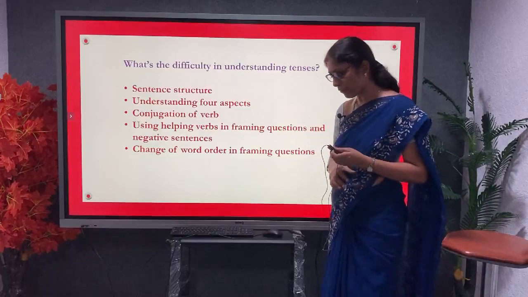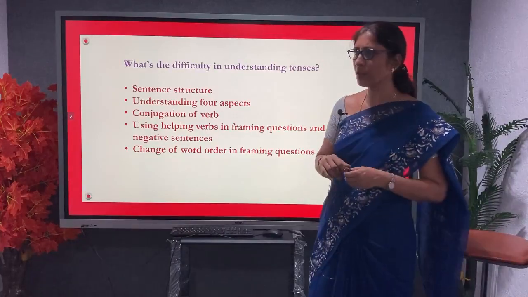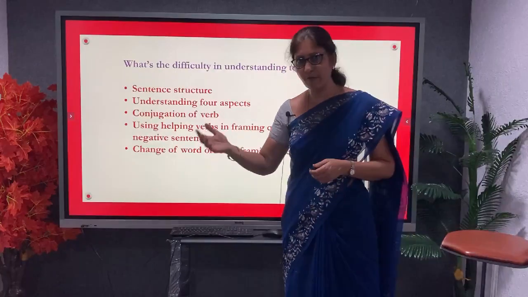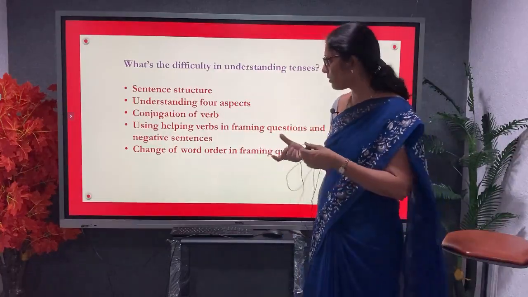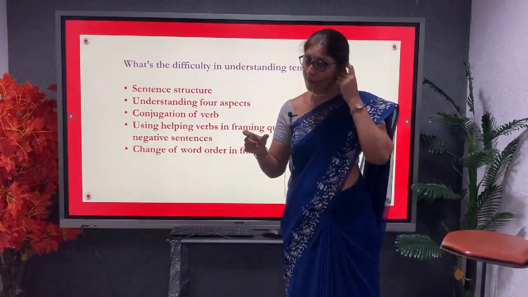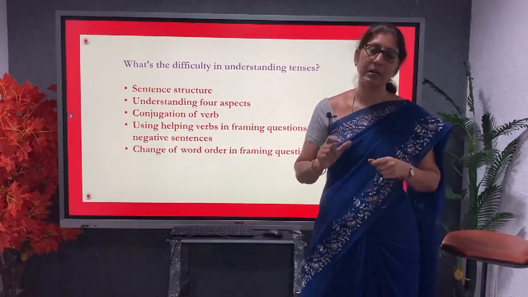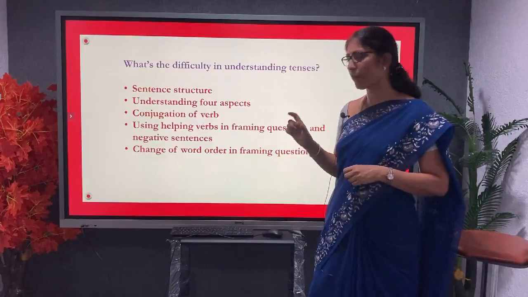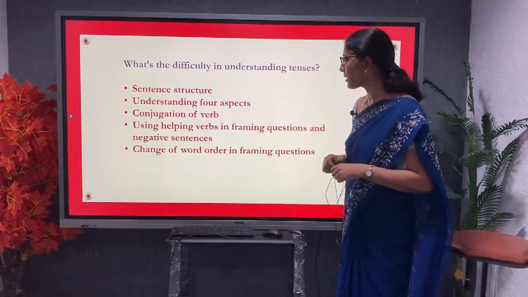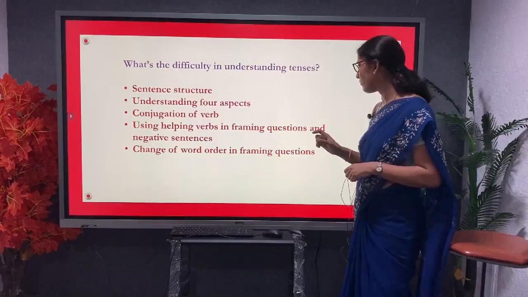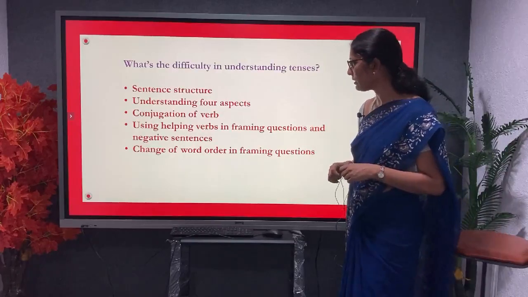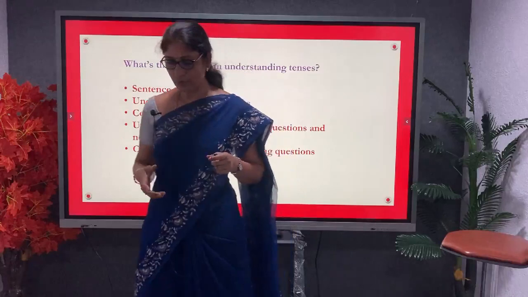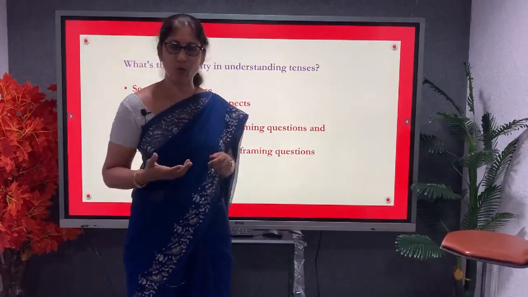Then conjugation of verb. Conjugation of verb means that a verb takes 4 forms, V1, V2, V3, V4. So which form of verb will come with a particular type of tense, that's the problem. So conjugation of verb is a difficult one. Next, using helping verbs in framing questions and negative sentences. Suppose I ate a mango, right?